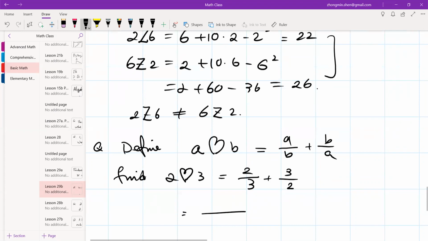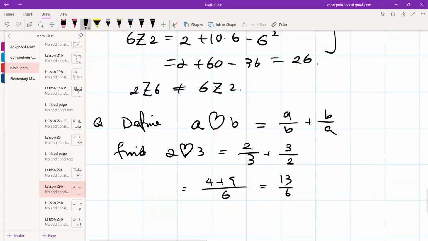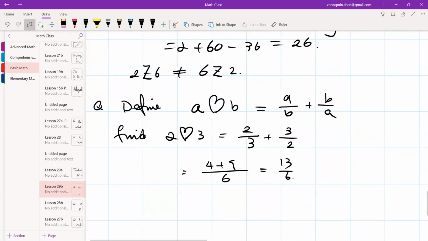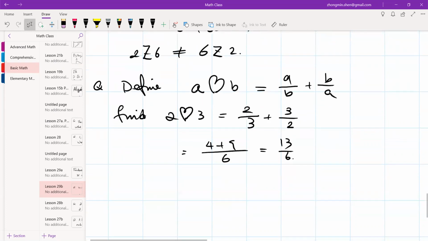You combine them, it's 4 plus 9 over 6, which is 13 over 6. So those are called operations.